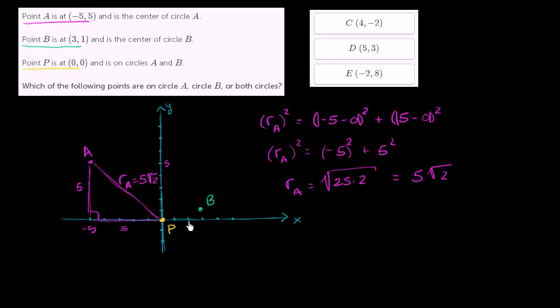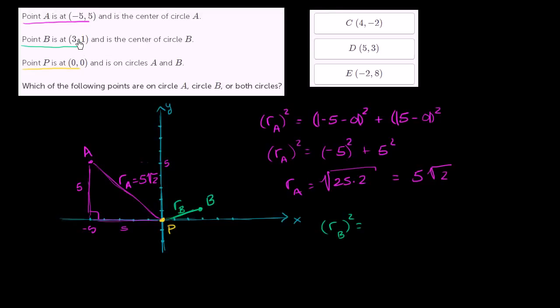Now let's figure out the radius of circle B. Same exact idea. The radius of circle B squared is equal to our change in x.